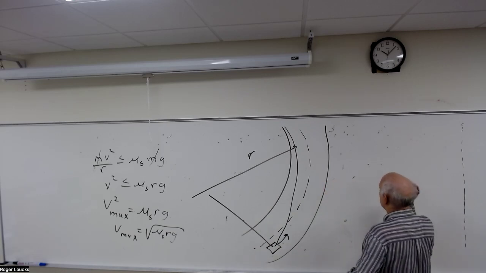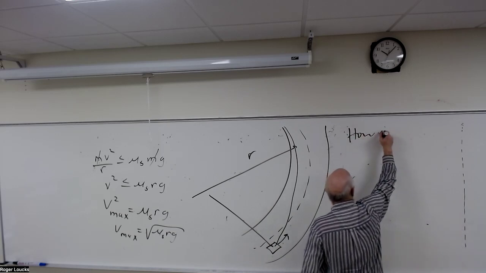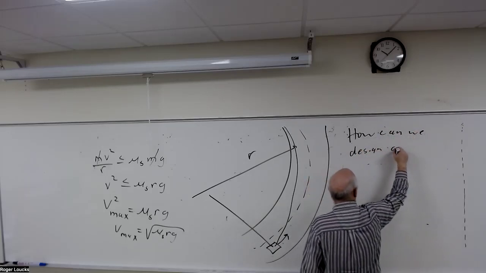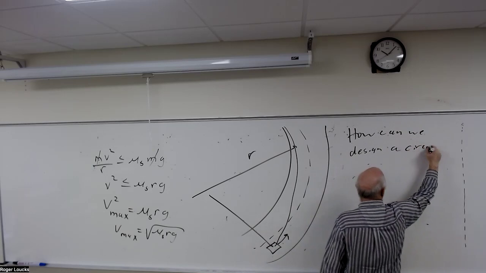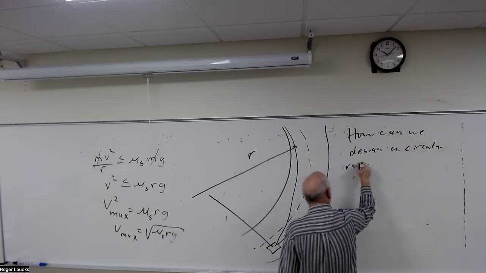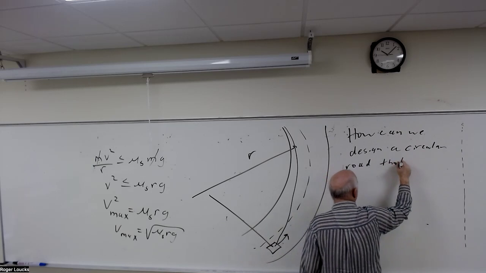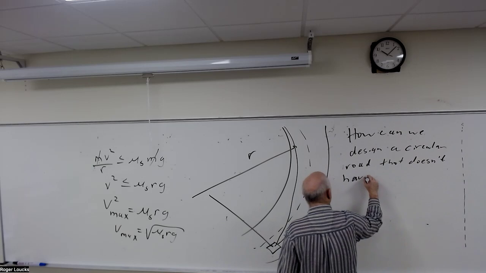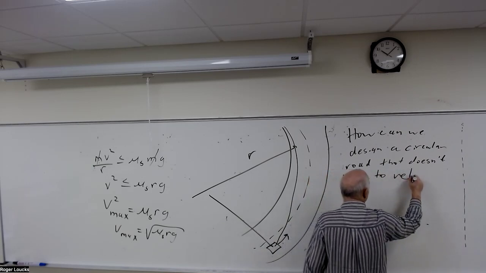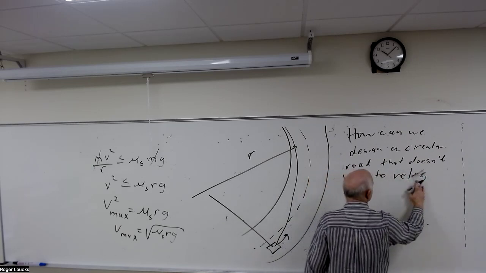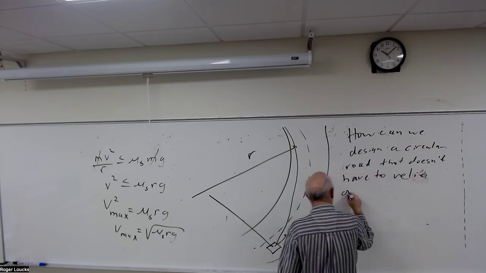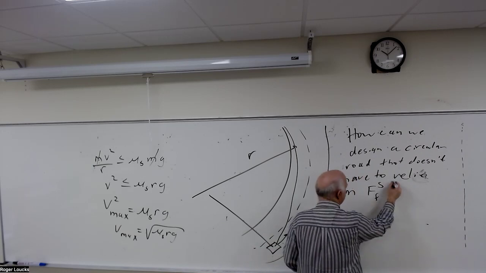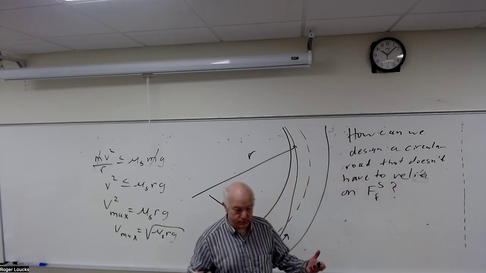So how can we design a road, let's say a circular road, that doesn't have to rely on static frictional force? The answer is we're going to bank it.